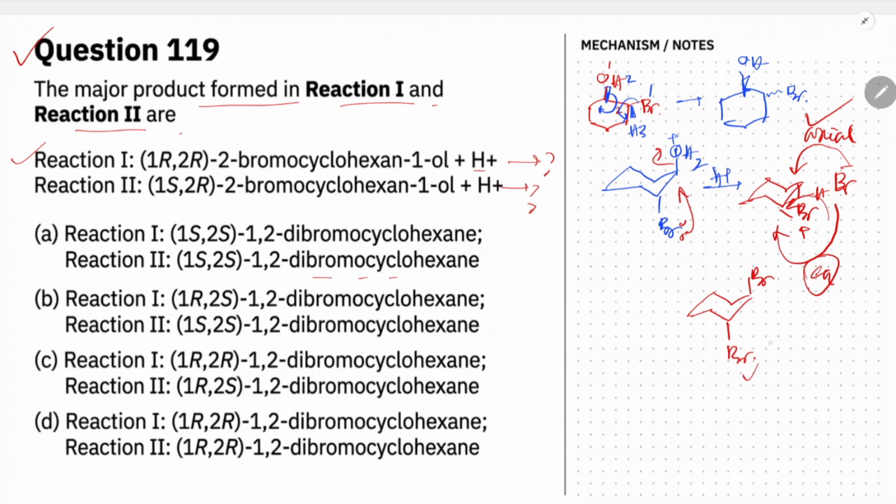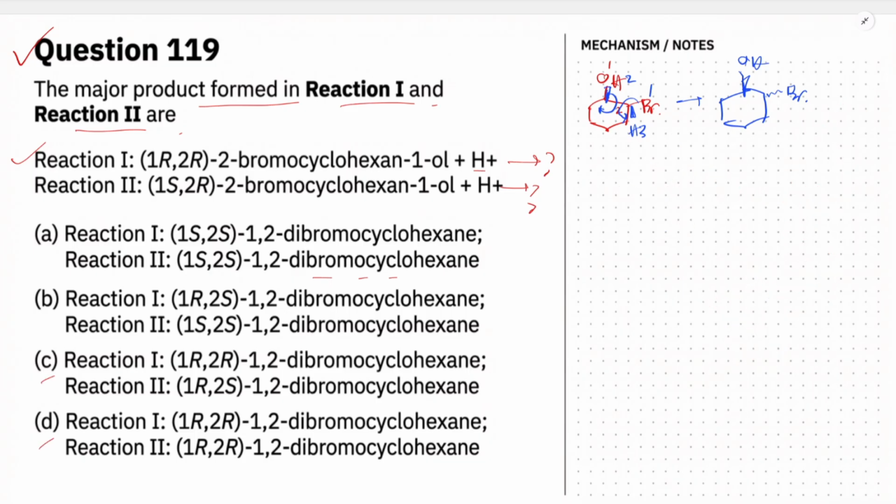Now the configuration of this is fixed, meaning this is R and remains R, and in this scenario this is also R. In the second case, this is 1S,2R. 1S means this OH is down, and 2R means this bromine is also down. If we draw the cyclohexyl, okay, this is OH and this is bromine.